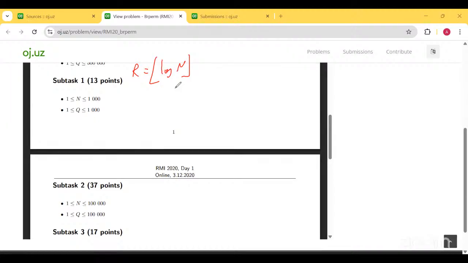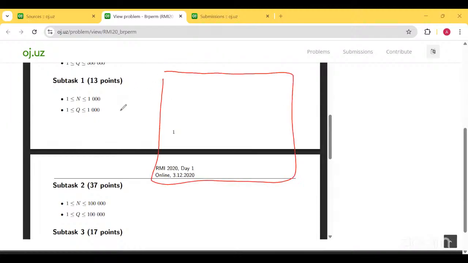Okay. In the previous solution, we just need this value, right?